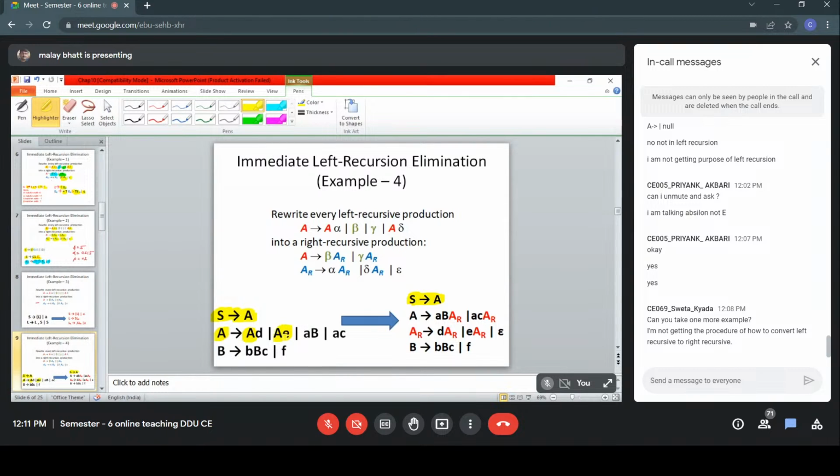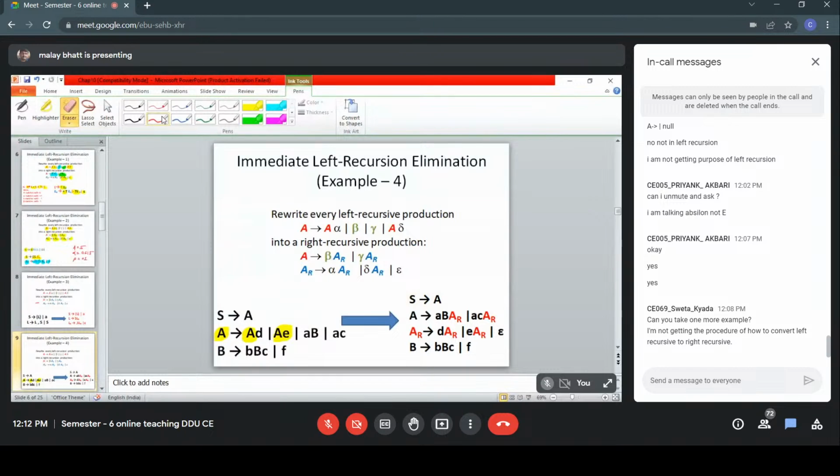AE, there is also a left recursion. Small a, capital B, there is no left recursion. Small a, small c, there is no left recursion here. Also in the last rule, B gives small b, capital B, C, there is no left recursion. So here the left recursion is only in the second rule, right?